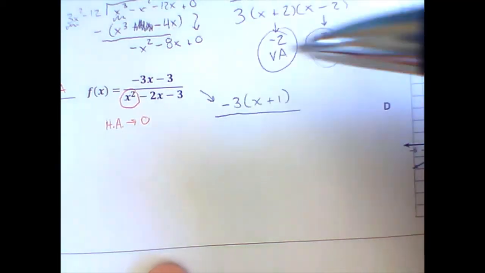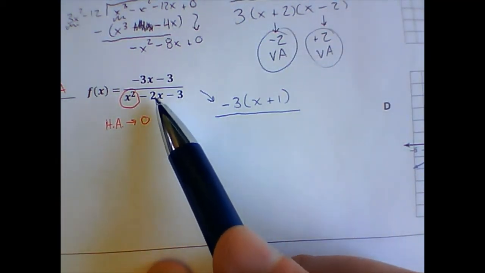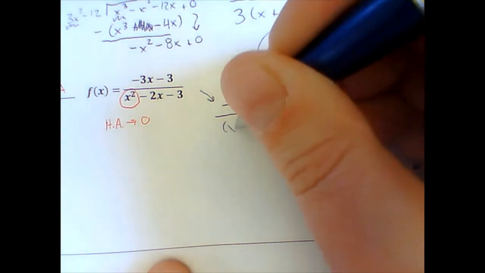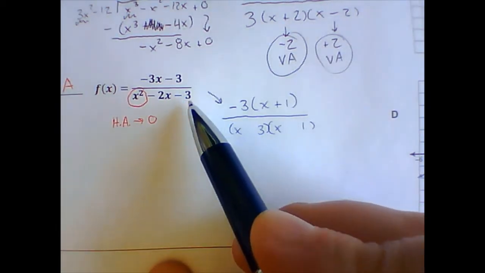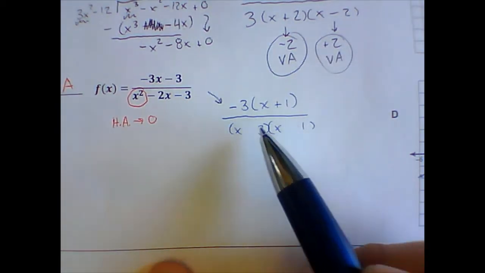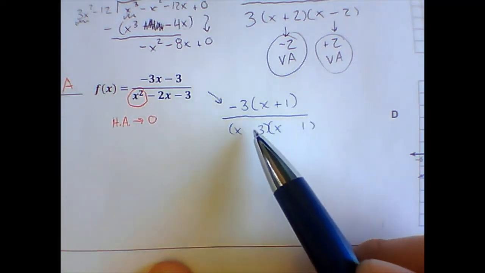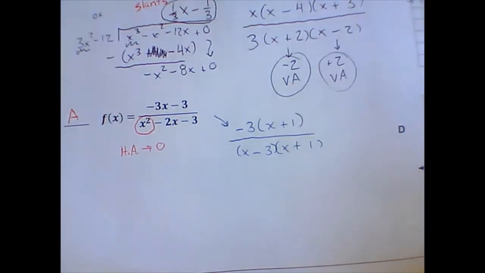On the bottom, we need things that multiply to 3, but then they subtract to a 2. Well, 3 and 1 multiply to 3. They also subtract to 2, so those are good. They're subtracting this time to a negative 2. So that probably means we want 1 minus 3. So the 1 gets the positive, the 3 gets the negative.